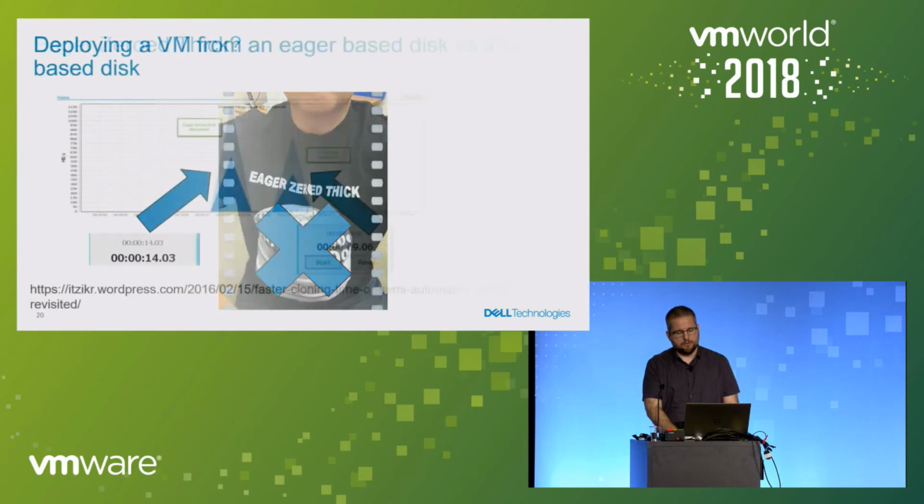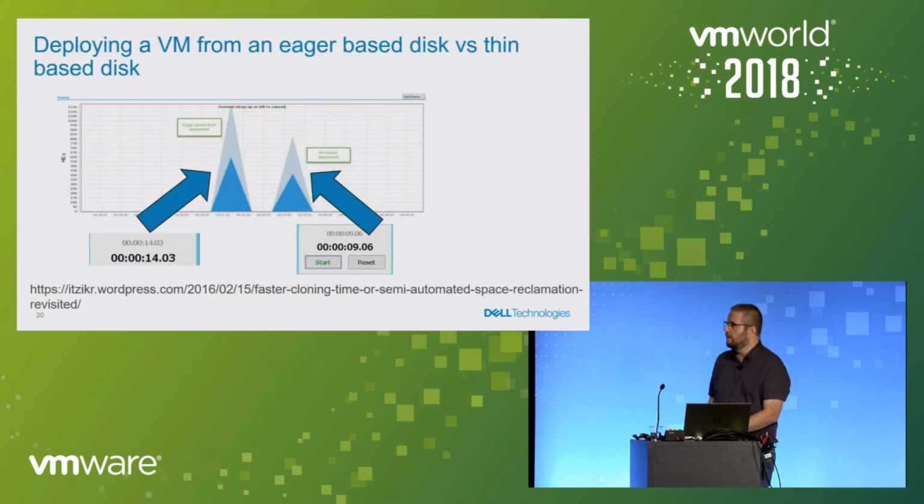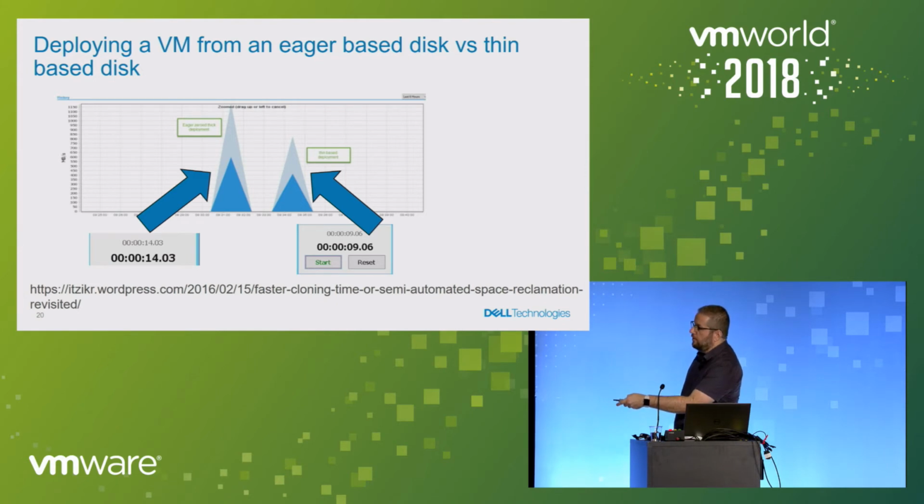In fact, I will show you that a couple of years ago, I did a test where the left side of the screen shows how long it takes to clone a VM where the VM is configured as eager zero thick. Then I cloned the VM back to a template when it was thin, and then I deployed the VM from the thinly configured VM. And you can see that the latency and the time that it took me to clone that VM was much shorter.